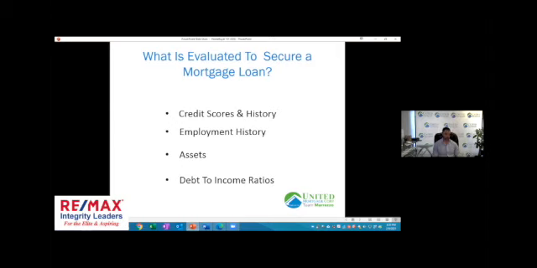So they have a 36% debt to income ratio, okay? You basically take all their debt, divide it into their income, and that's what they're at. Normally, you want to stay below 50% on most programs.